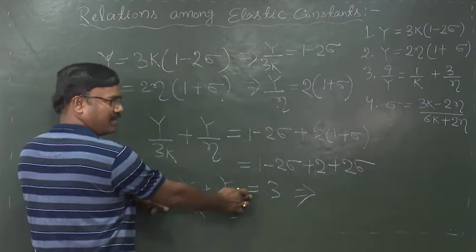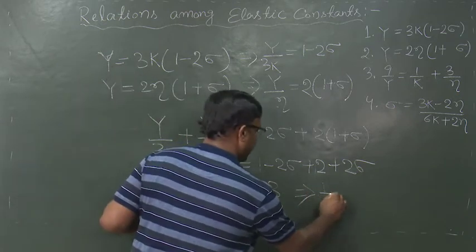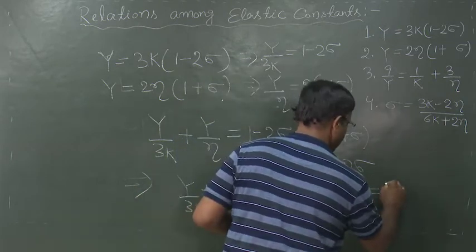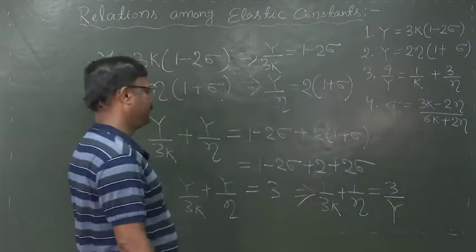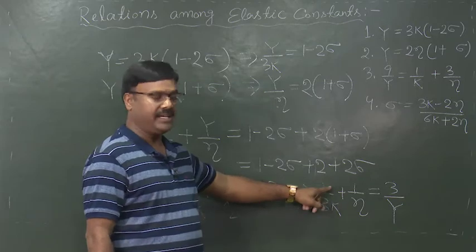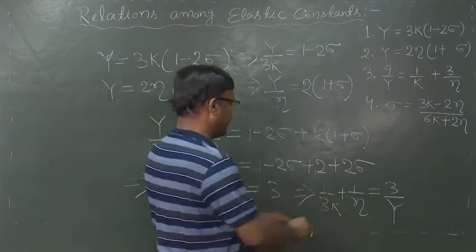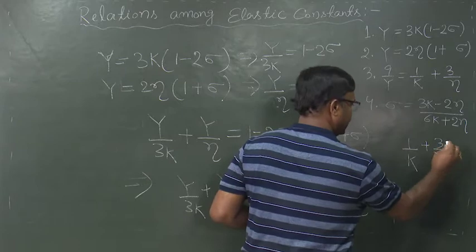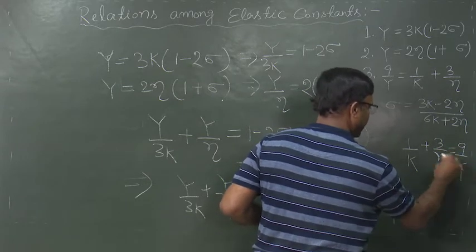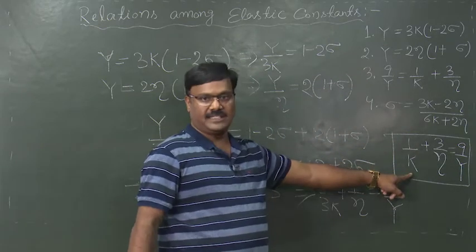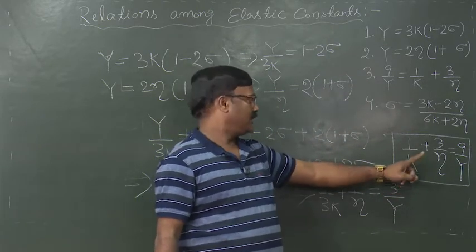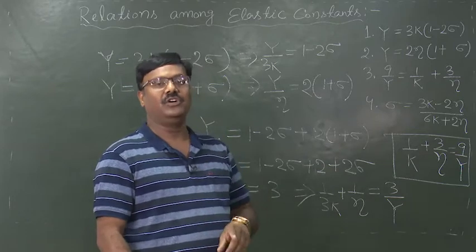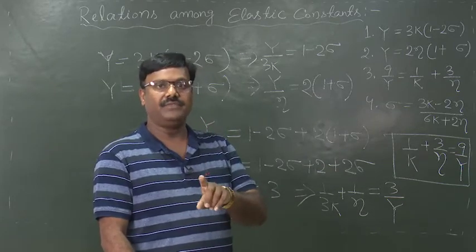If we divide this equation by Y, then we can write 1 by 3K plus 1 by eta will be equal to 3 by Y. Further, multiplying 3 on both sides of this relation, we get 1 by K plus 3 by eta is equal to 9 by Y. This is the required relation among the elastic constants Y, K and eta, which are also known as the three moduli of elasticity.